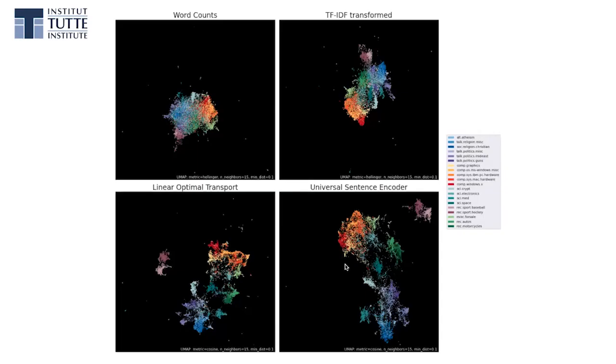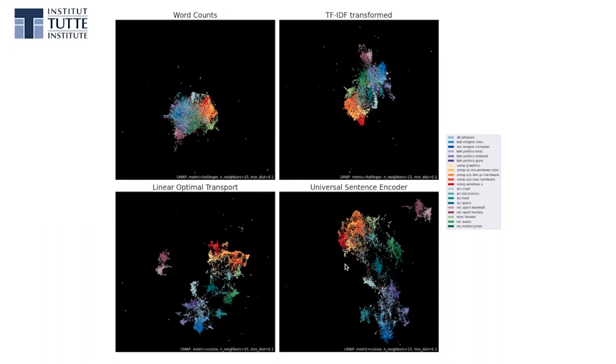And to summarize here, these are the qualitative UMAP views of various different approaches to this. On the top left, we have our pure word count that we started with. If you apply the domain-specific transformation, TF-IDF, you get the top right. The linear optimal transport results are on the bottom left.